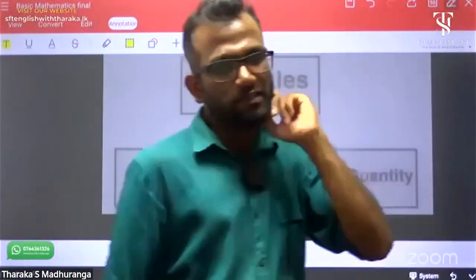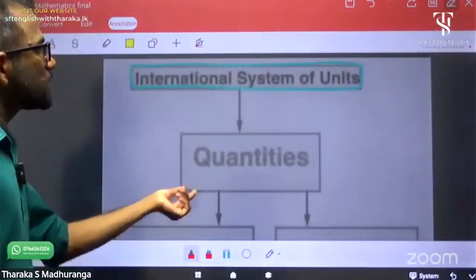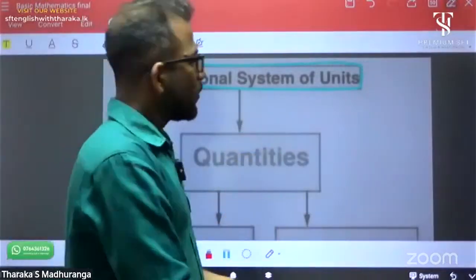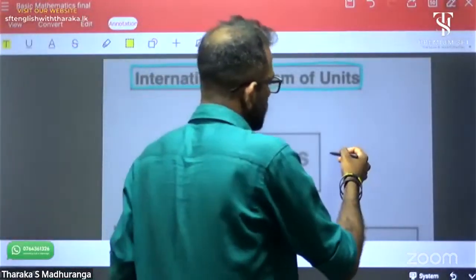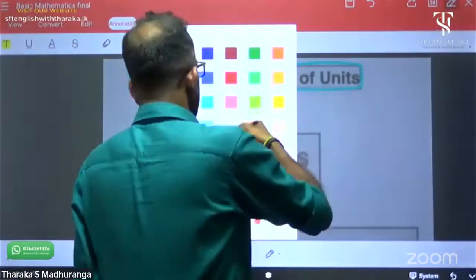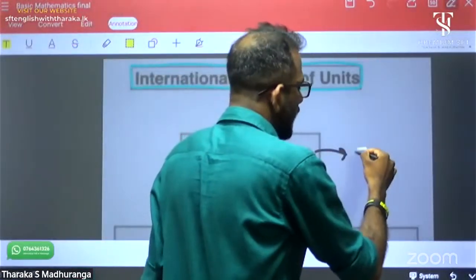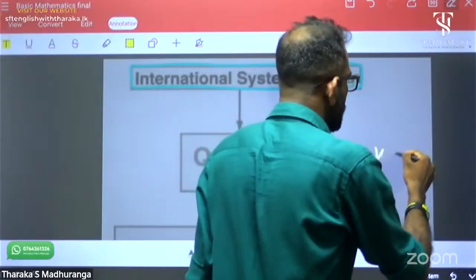Can you understand the difference? Now you know what is the meaning of physical quantity: any property that we can measure. I told that if any physical quantity is meaningful, what is the main requirement? It should have value as well as unit, like 5 kilogram.